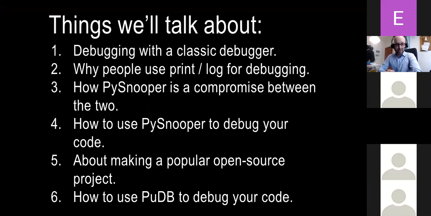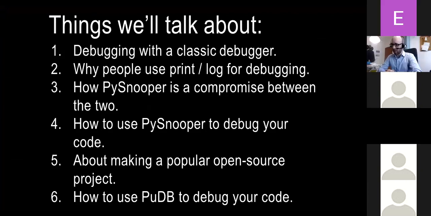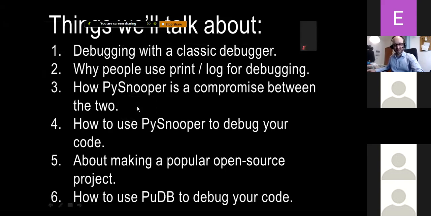I'm going to show you how to use PySnooper, maybe talk a little bit about how it works. And I'm going to talk about what it's like to make a successful open source project. And I will also show a different tool called PuDB. There is another debugging solution that I really like. Let's get started. And I remind you that if you have questions, feel free to interrupt me.